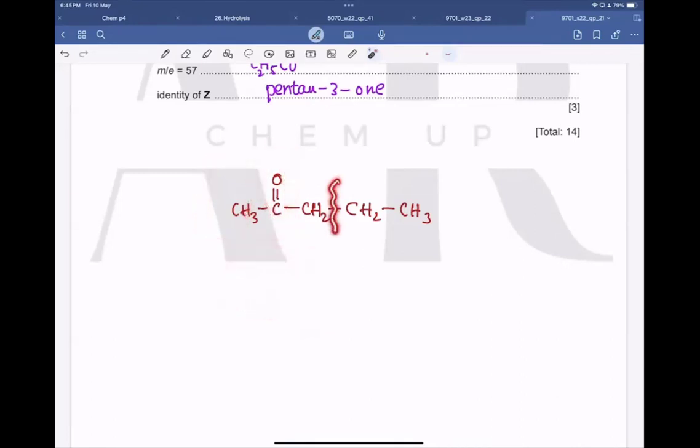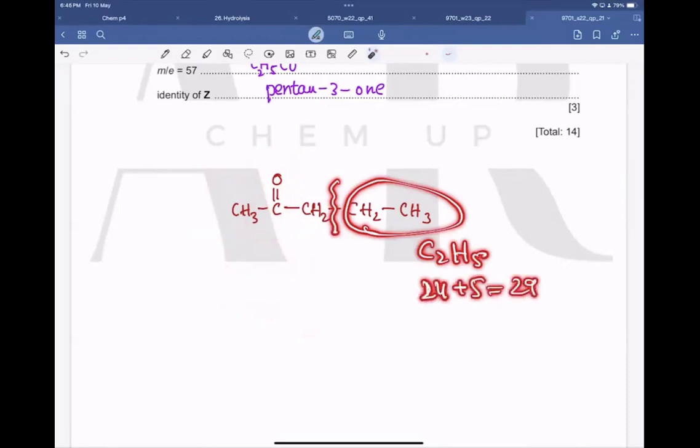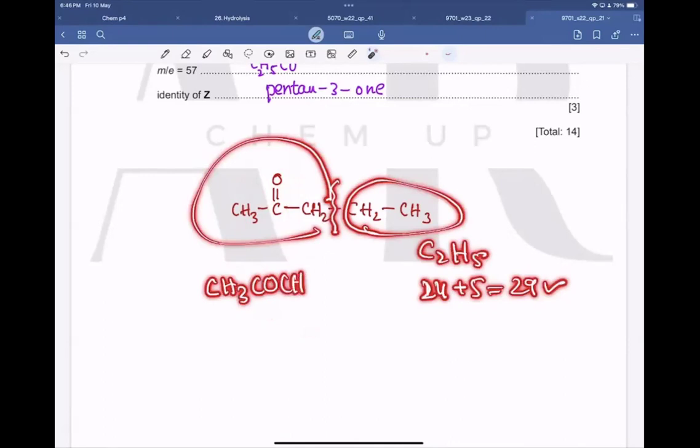But if you break it from here, this one is C2H5. Two carbons make 24, five hydrogens make 5, so 29. And this one, CH3COCH2: three carbons make 36, one oxygen 16, and five hydrogens.